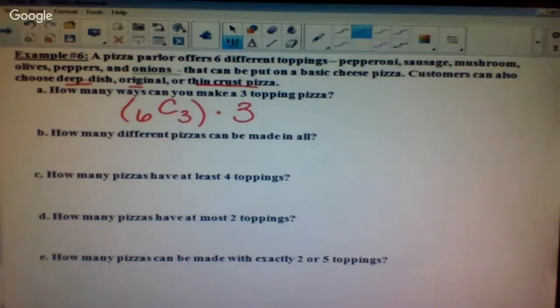So that's nothing on your pizza up to every topping on your pizza. My shortcut was 2 to the 6th power, because I'm saying yes or no to the 6 different toppings, and I still have to multiply that by 3.